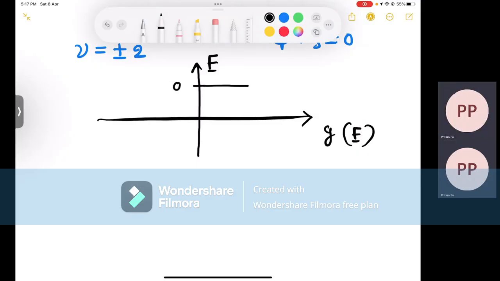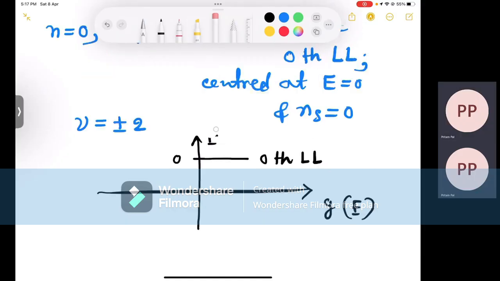This is the zeroth Landau level, and then we'll have some other Landau levels as well.